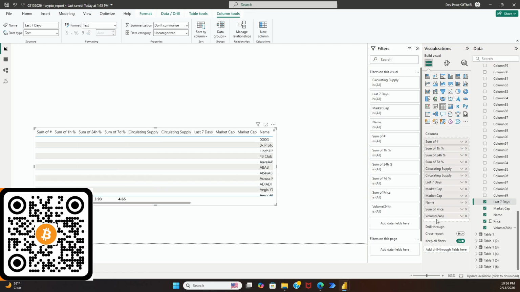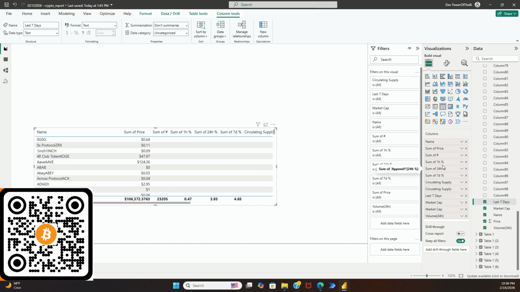So as you see, the name of the cryptocurrency is third to last. We're going to move that up to the top. We're going to take the price and move that right below it. The sum of number, I'm going to actually place that before name. I'll tell you what that is in a minute.